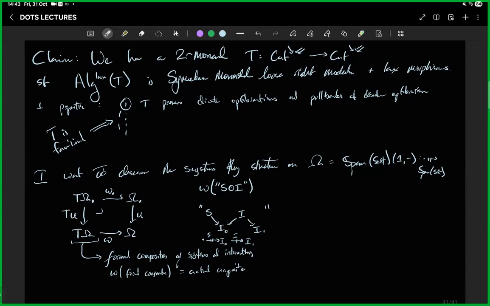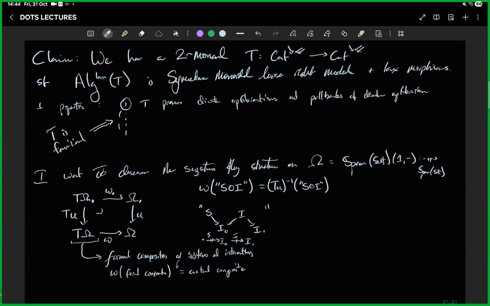This is a formal composite, but I can compute it by the classifying property. By definition, this is T of U inverse of this formal composite.